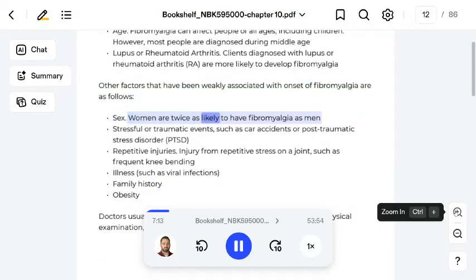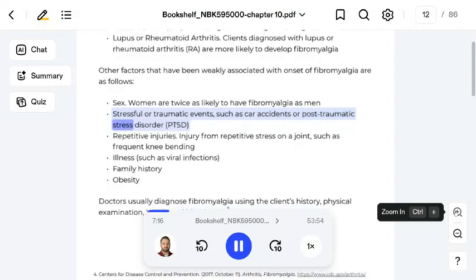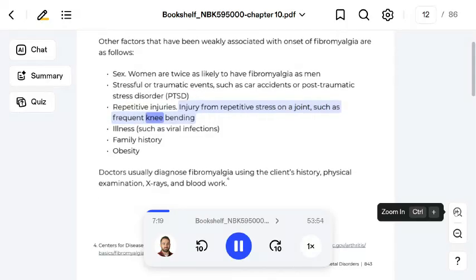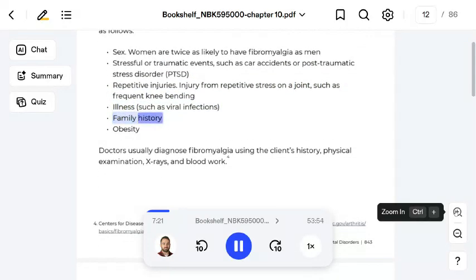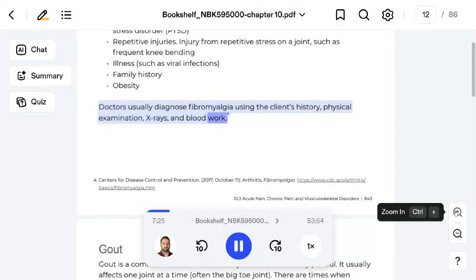Women are twice as likely to have fibromyalgia as men. Stressful or traumatic events, such as car accidents or post-traumatic stress disorder. Repetitive injuries. Injury from repetitive stress on a joint, such as frequent knee bending. Illness. Family history. Obesity. Doctors usually diagnose fibromyalgia using the client's history, physical examination, x-rays, and blood work.